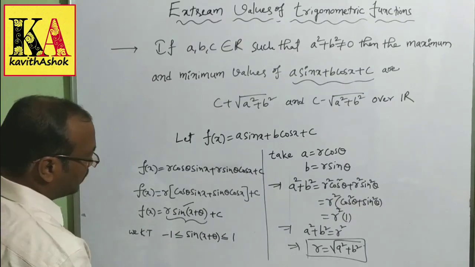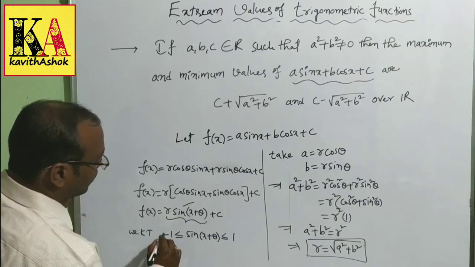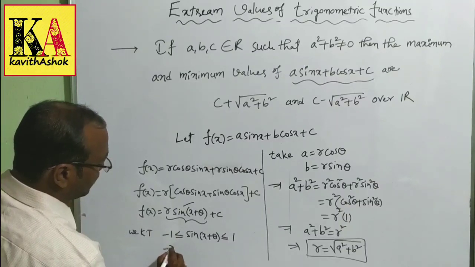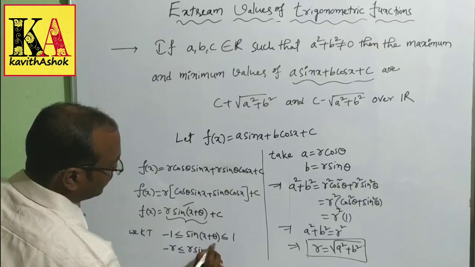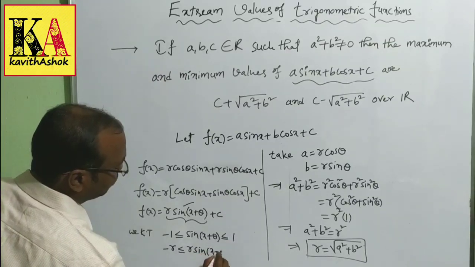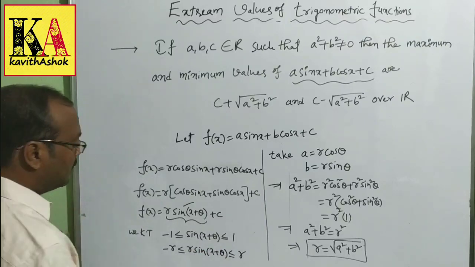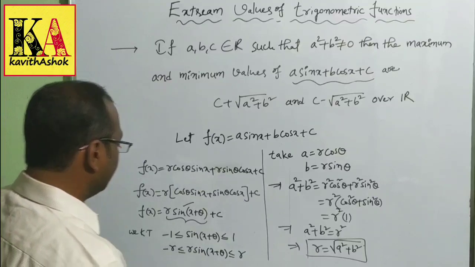But here r is there, so we just multiply with r. Minus r is less than or equal to r sin of x plus theta, less than or equal to r. Now we will take c. Why? Because plus c is there, no?